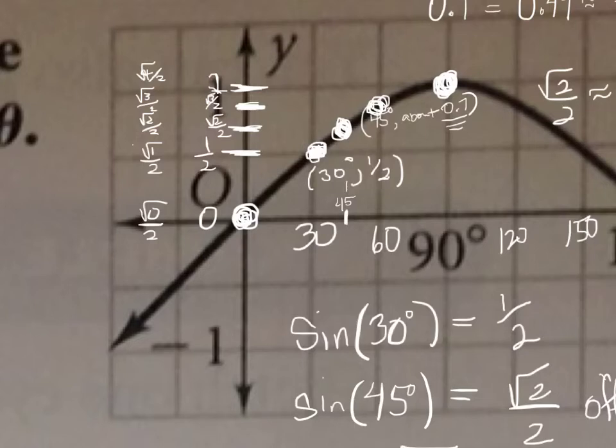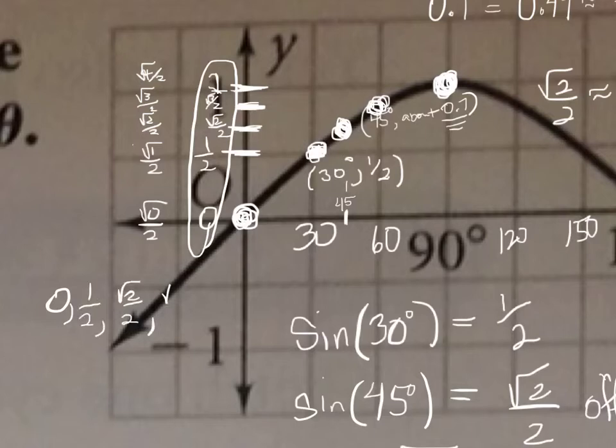Anyway, you should just get these values right here, which I will write more neatly. 0, 1/2, root 2 over 2, root 3 over 2, and 1 are like the important values of sine. Okay? And of course this happens at 30 degrees, 45 degrees, and 60 degrees, 90 degrees, and 0 degrees.